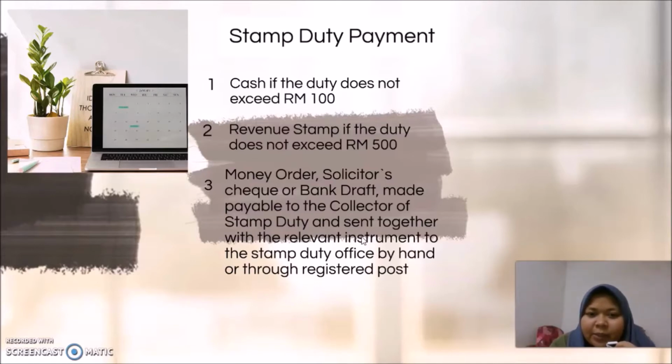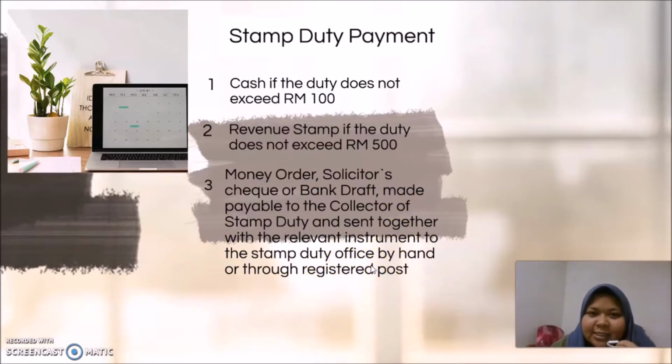Third, money order, solicitor's cheque or bank draft made payable to the Collector of Stamp Duty and sent together with the relevant instrument to the stamp duty office by hand or through digital post. So if your stamp duty exceeds 500 ringgit, you have to use the third method to pay the stamp duty.